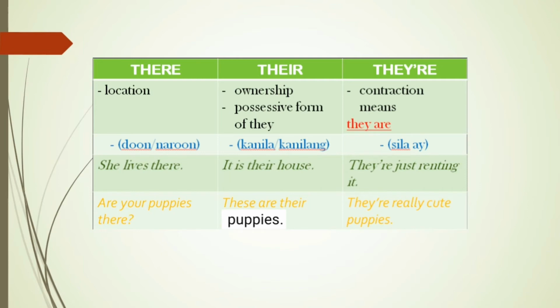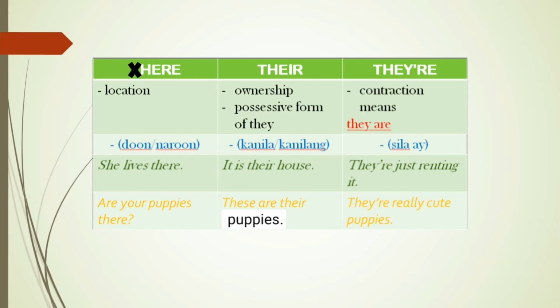If you find yourself coming up blank when trying to determine which one to use, take a hint from the spelling of each. So for the first, there, you just remove T, it will become here, right? So here is also a location or a place. So that is the hint for there.